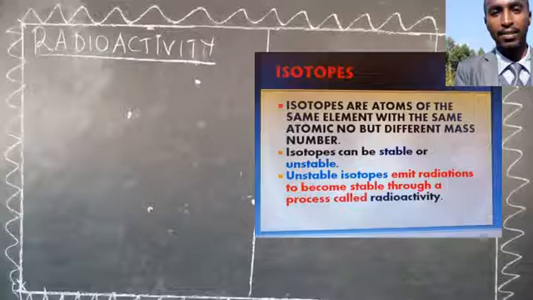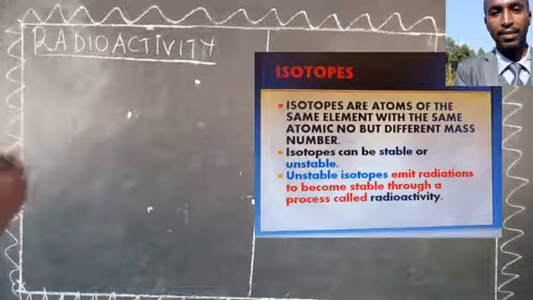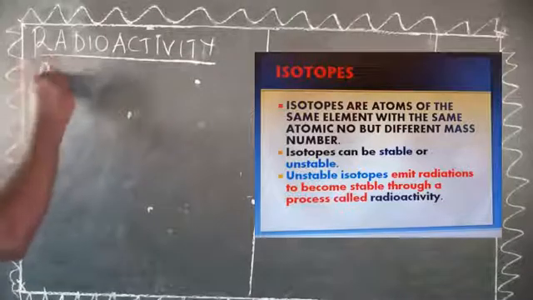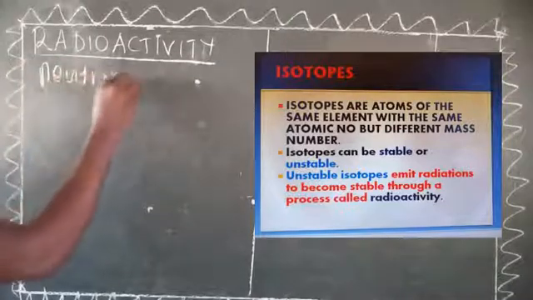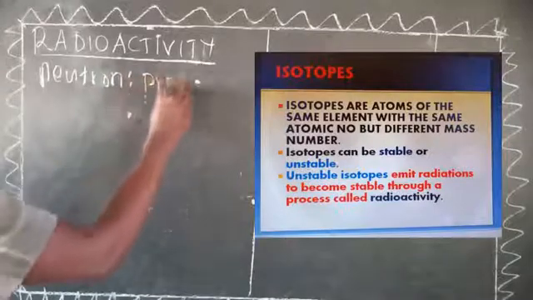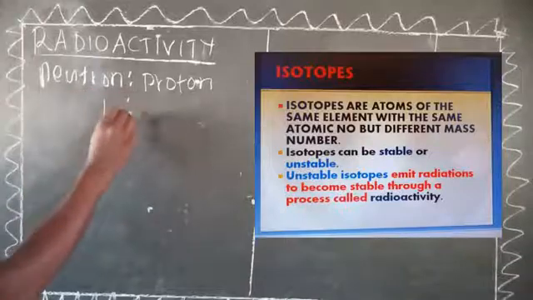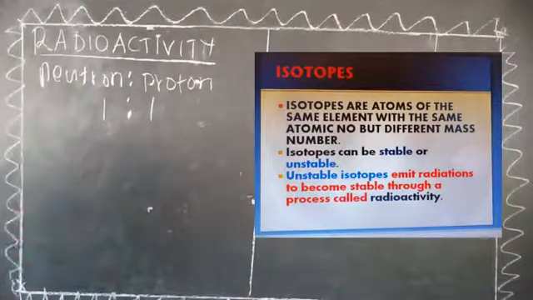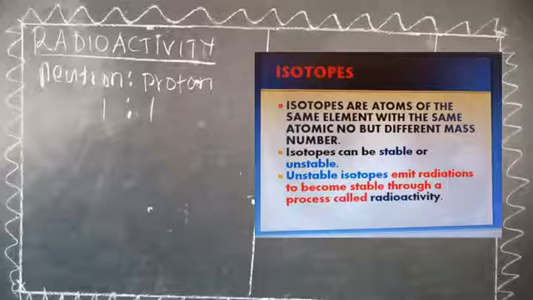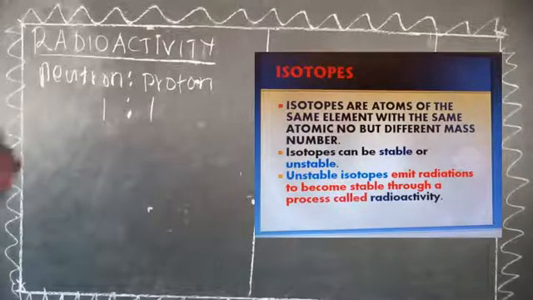So mentioned earlier back in Form 2, some elements have nuclides having a neutron-proton ratio of 1:1. This means that for every one neutron, there is one proton.